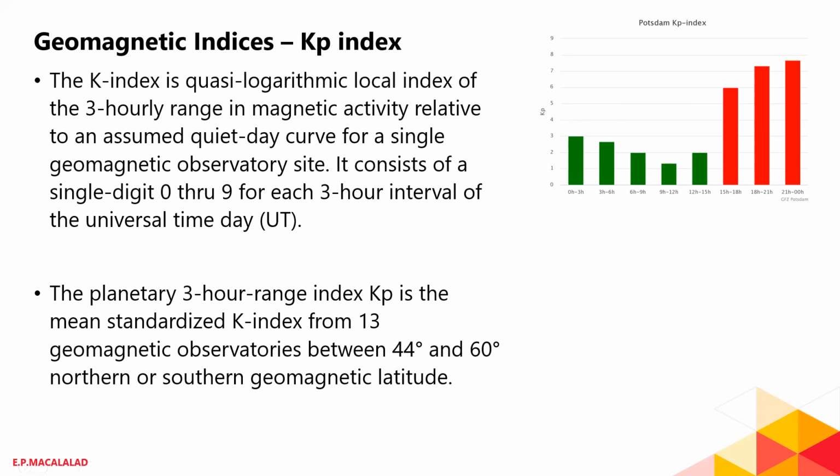Generally, we use KP index as a starting point to tell whether there is an ongoing geomagnetic storm, or whether the geomagnetic field is active or quiet. We have a disturbed day if KP index is greater than 4, and a quiet day if the KP index is less than 4.